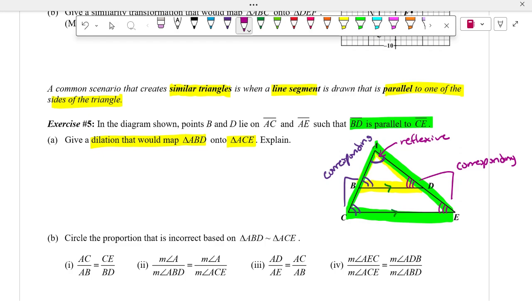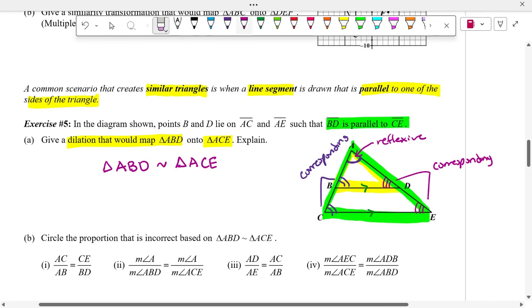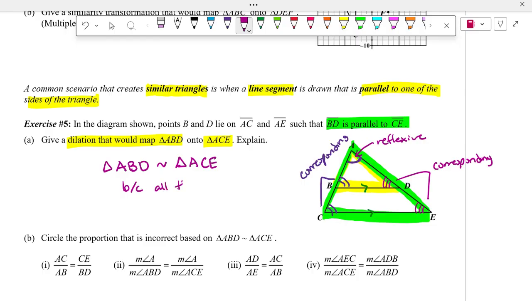So even though we know that we can do a dilation, this is clearly a dilation because triangle ABD is similar to triangle ACE because all three sets of corresponding angles are congruent.